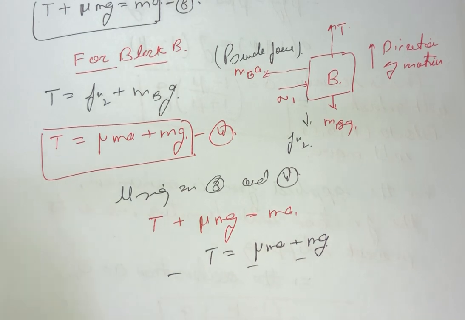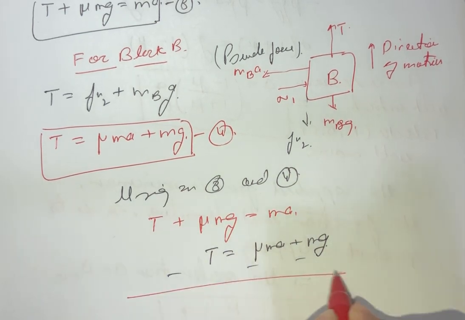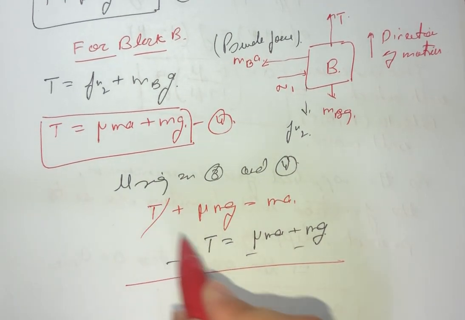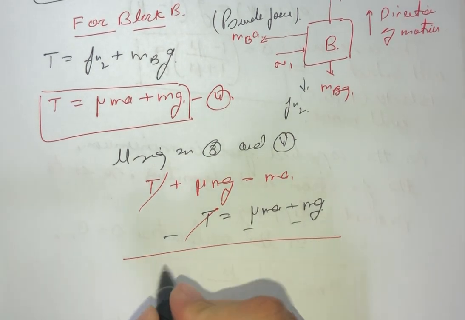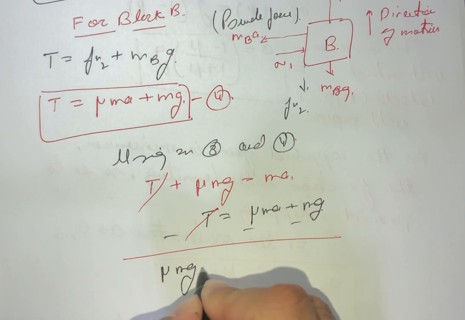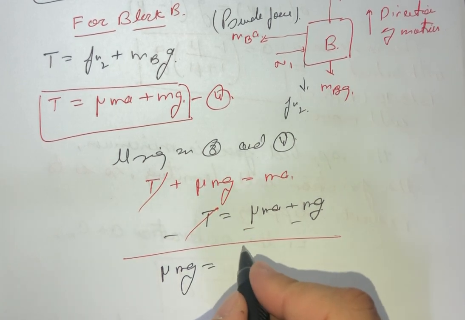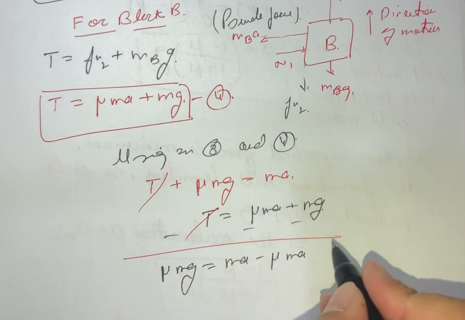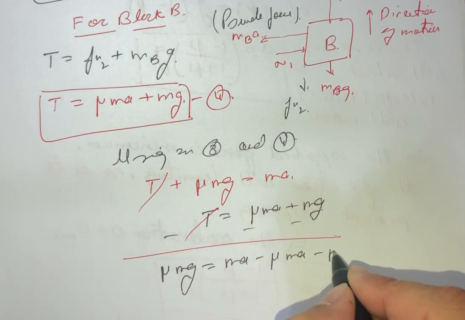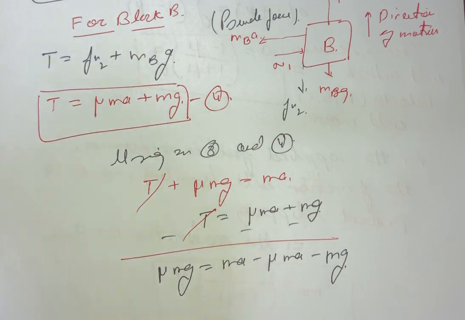We subtract them. T cancels out. We get mu mg is equal to MA minus mu MA minus mg.